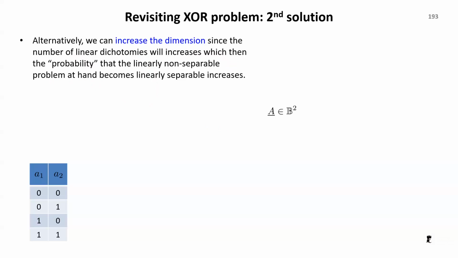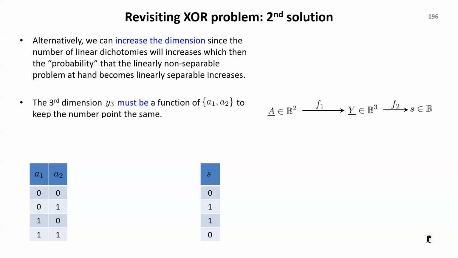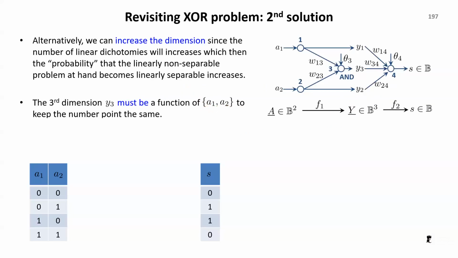So we have a two-dimensional input. I want to have our output only one dimension, right? Only one. But in the middle, I want to increase the dimension. The third dimension must be a function of the two because we want to keep the number of points the same. How can we do that?